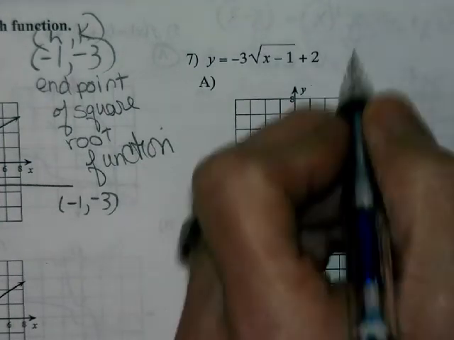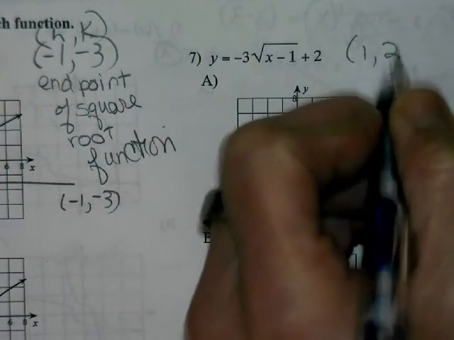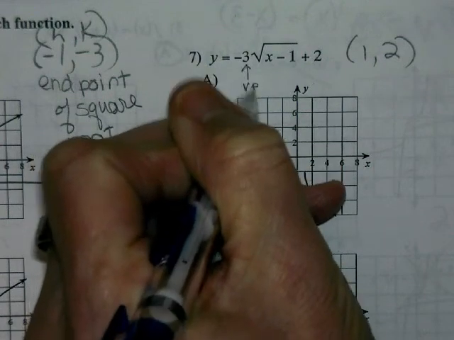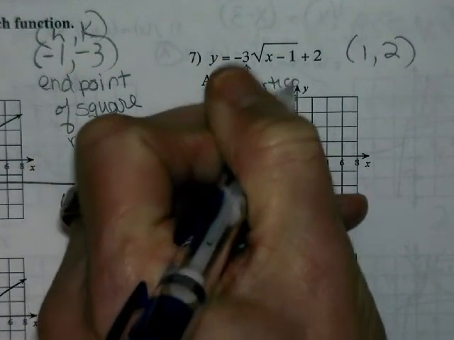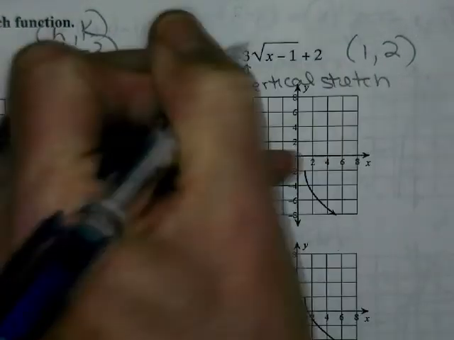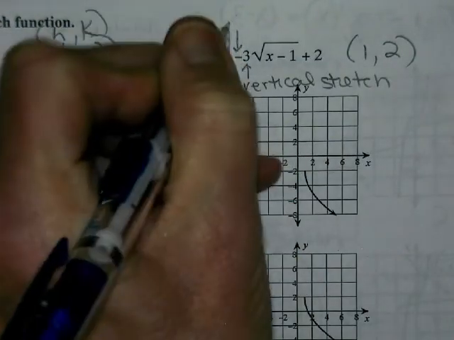7. This one, I don't know this one. One of them fooled me, but I don't think it was this one. 1, 2. That's a vertical stretch because it's more than 1. It's 3.